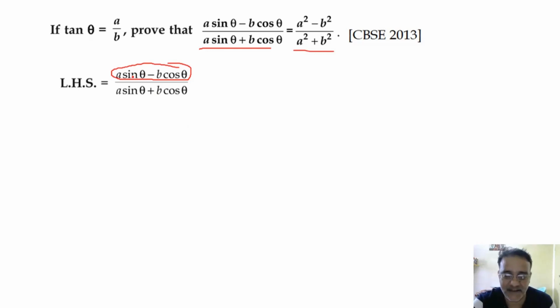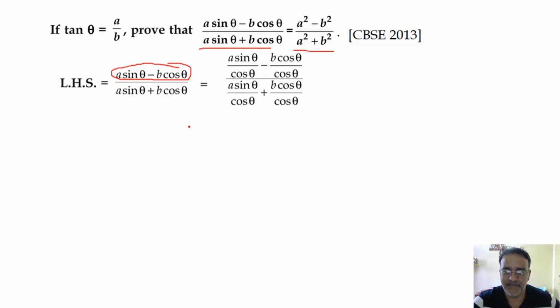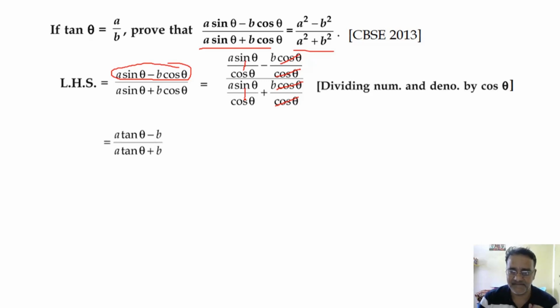We'll divide numerator and denominator by cos theta, so we'll get this step. This step is clear to all of you? Yes or no? Yes, sir. Here cos theta cancels and this will become tan theta and this will become tan theta. So what I am going to get? A tan theta minus B upon A tan theta plus B.